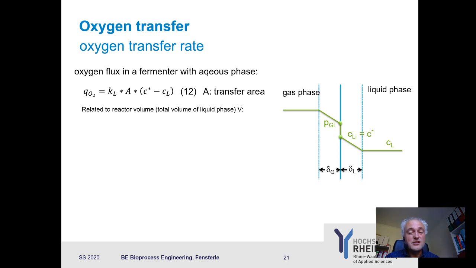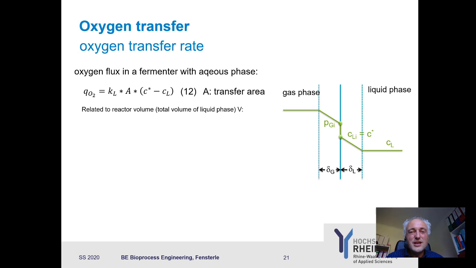If it's rigorously shaking and I have baffles, calculating the surface is almost impossible. And the same is true if I sparge my bioreactors, because I have thousands of bubbles inside. It's merely impossible to accurately calculate, or even to reasonably calculate the surface. It makes no sense.